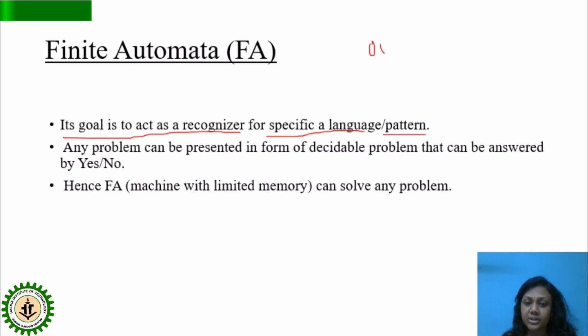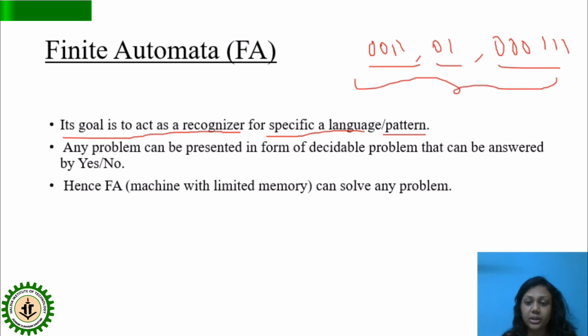Suppose a string consists of 0, 0, 1, 1, 0, 1, 0, 0, 0, 1, 1, 1. In this, we can see that the language has a pattern in which the number of zeros and the number of ones are equal. So this will be called a language, and there is a pattern in which the number of zeros and ones are repeated an equal number of times.